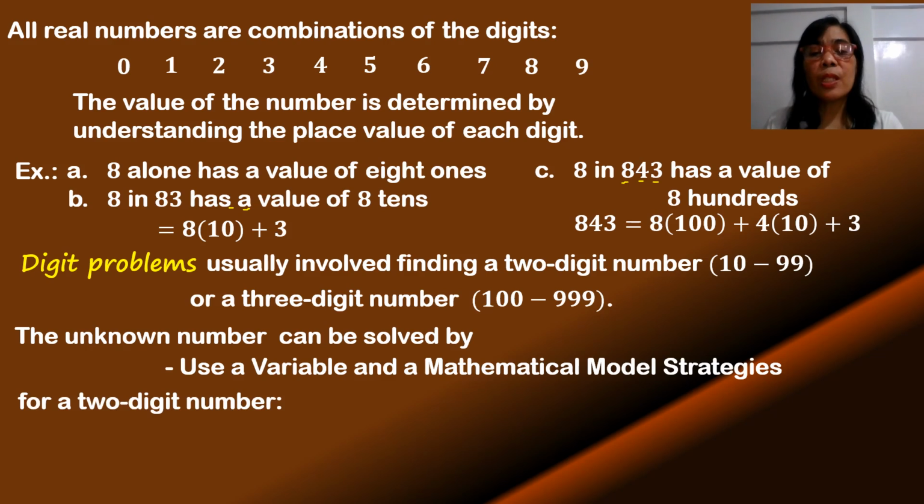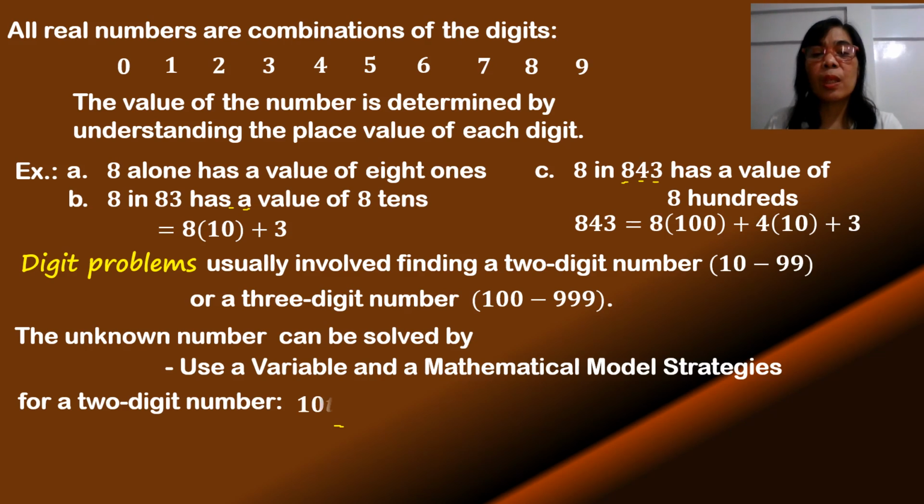So for a two-digit number, you can let this number be represented by 10x plus y, if you let x represent the tens digit and y the units digit. For convenience, instead of using x and y, I usually use t and u to represent the tens and the units digit.